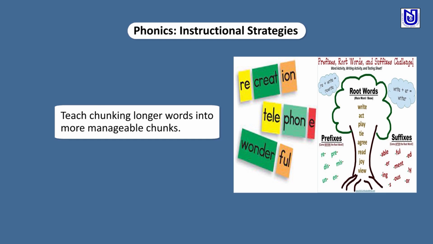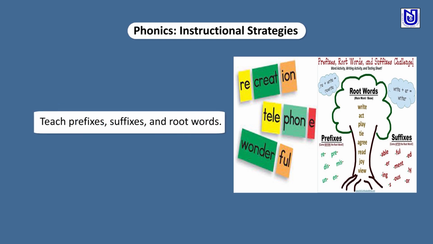Then there is another very important area: teach prefixes, suffixes and root words. So, what are root words? Like write, W-R-I-T-E. If we consider write as a root word, then with the prefix re we can add it, so the word becomes rewrite.